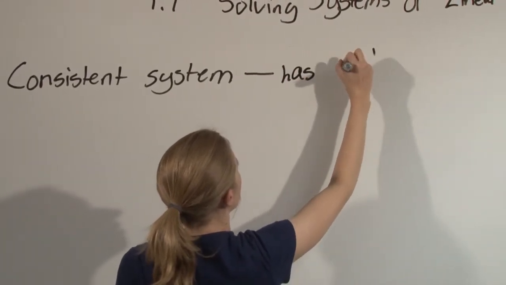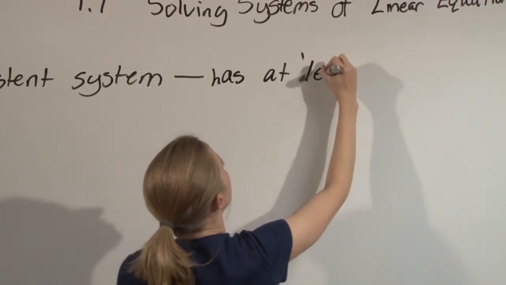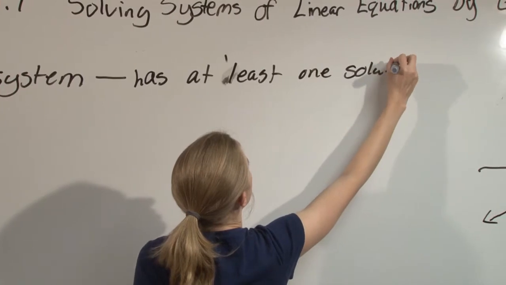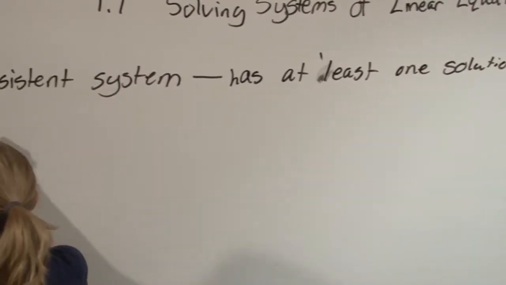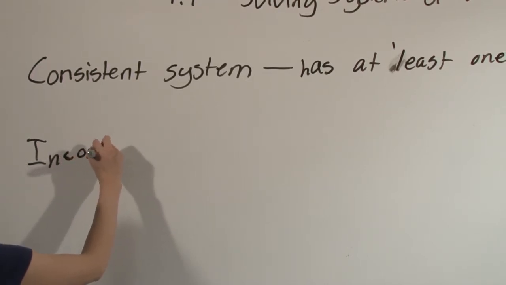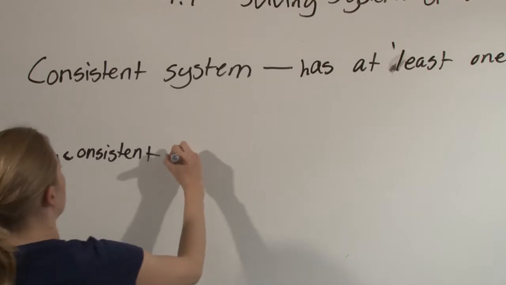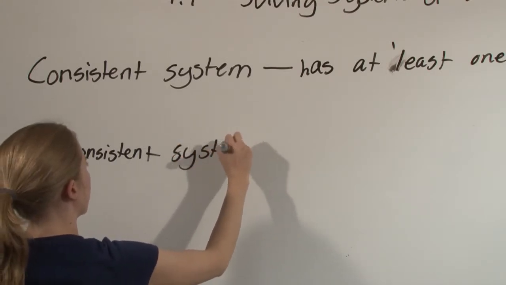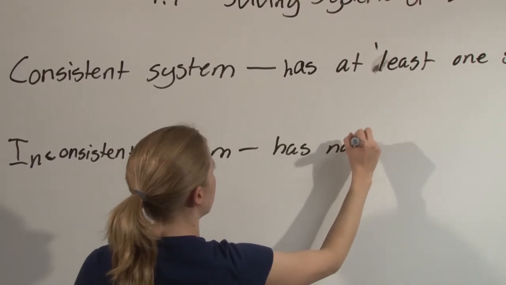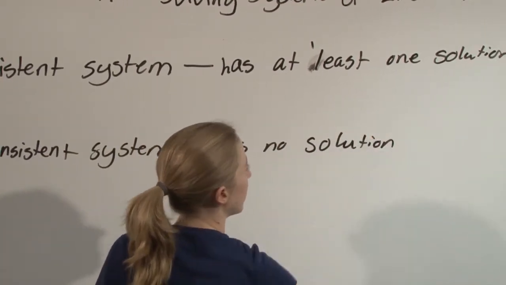So it has at least one solution. Inconsistent means that the system has no solution. Now, we need to talk about what that means for lines on a graph.